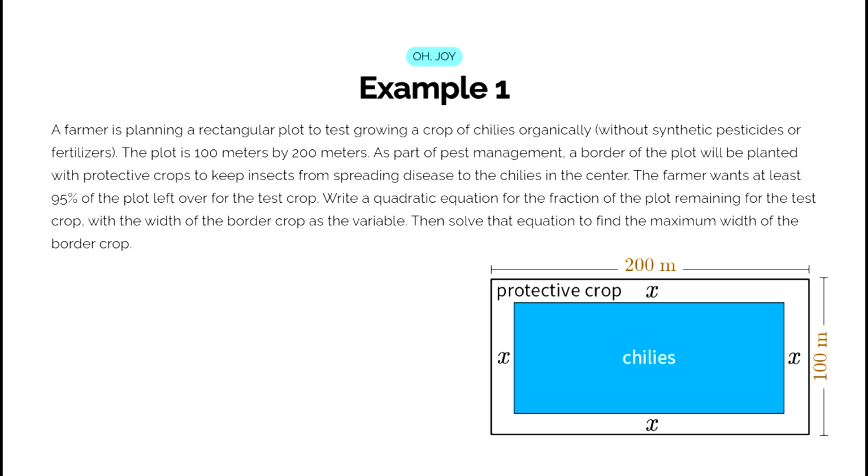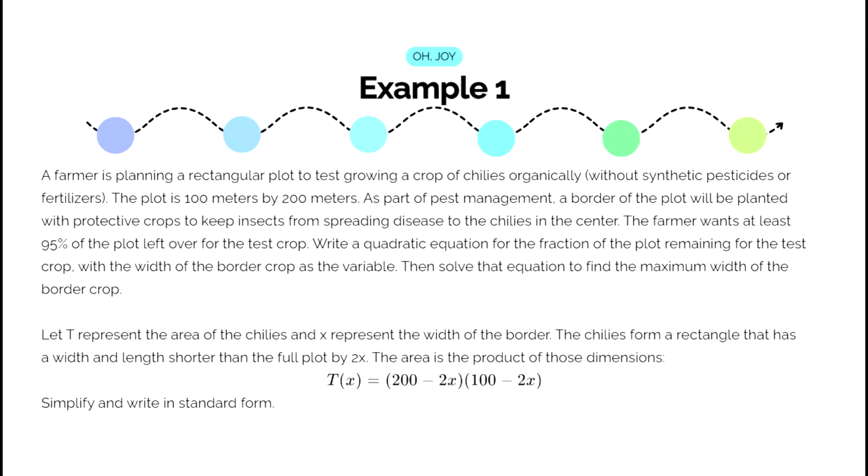The farmer wants at least 95% of the plot left over for the test crop. Write a quadratic equation for the fraction of the plot remaining for the test crop with the width of the border crop as the variable. Then solve that equation to find the maximum width of the border crop.